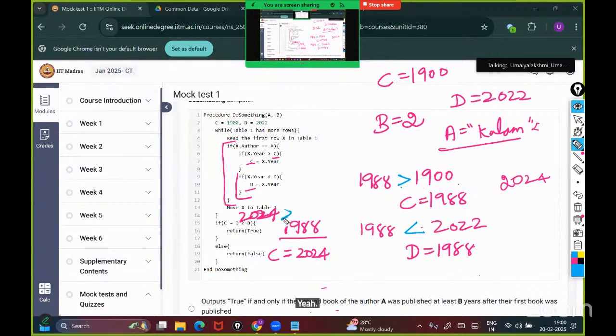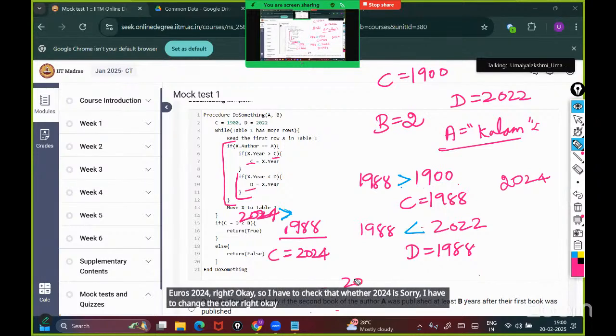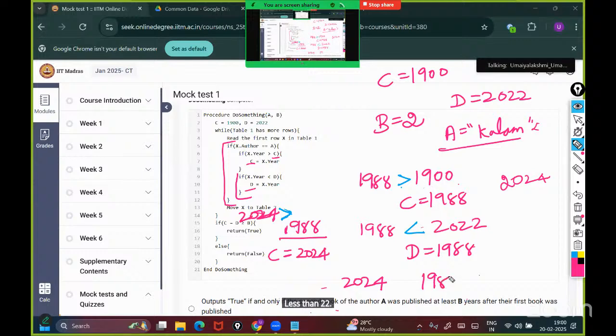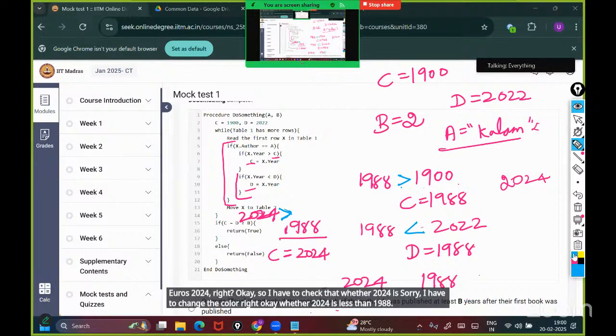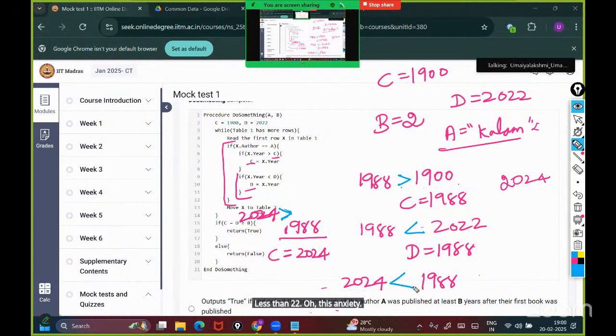I have to check whether 2024 is less than 1988. Is it true? No, false. So what will happen here? The code will not run.